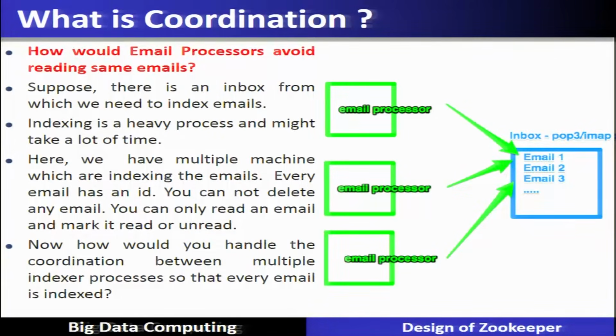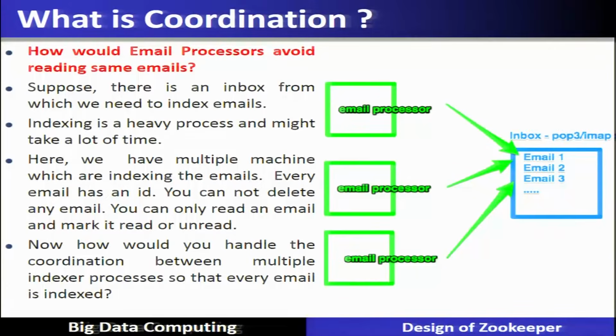Hence, we have multiple machines which are indexing the emails. Every email has an ID and you cannot delete any email. You can only read an email and mark it as read or unread. Now, how would you handle the coordination between multiple indexer processes so that every mail is indexed?